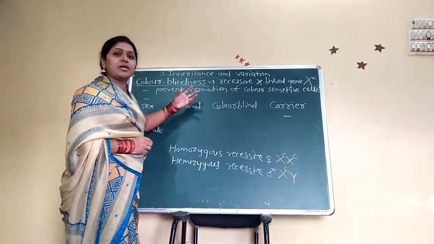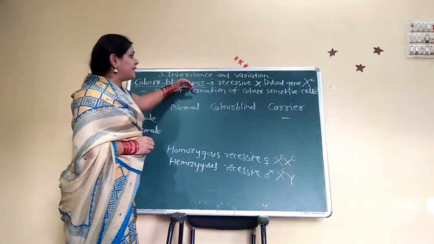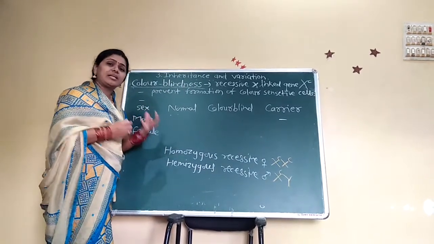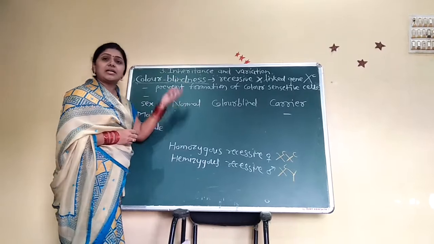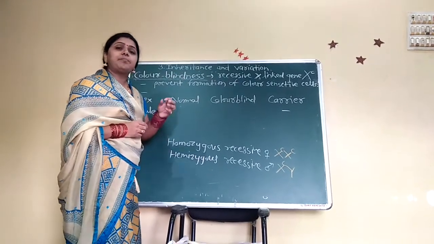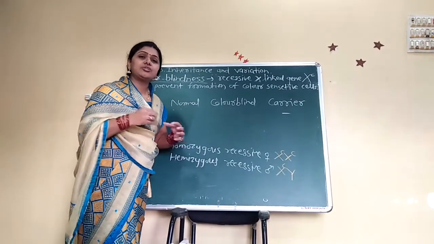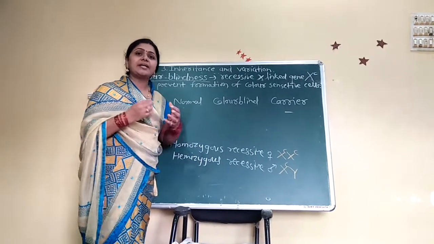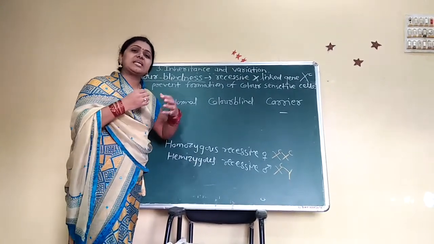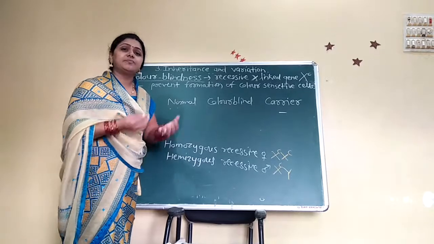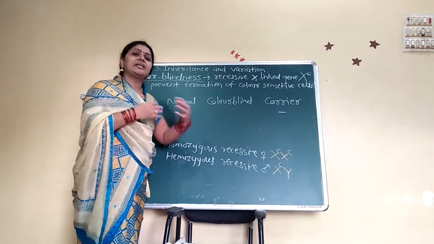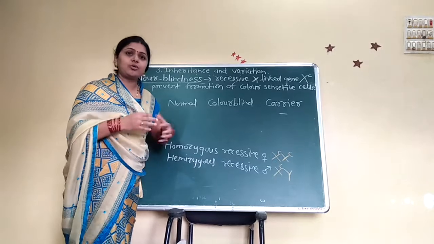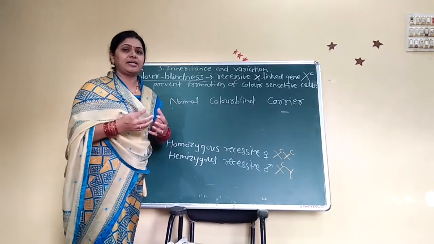A color blind person does not distinguish red and green color. The red and green colors look like a gray color to them. They do not distinguish red and green color.